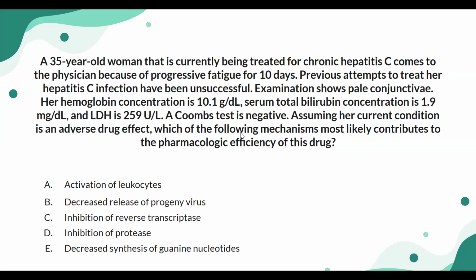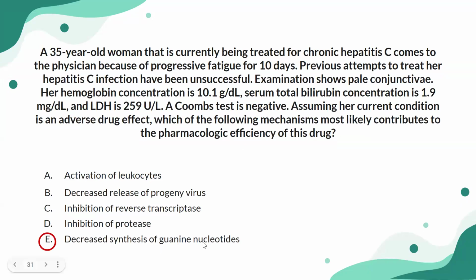Now, if you remember the tables that I showed you in the beginning of the lecture, we talked about one drug that causes hemolytic anemia, and it's very specific to it. Which one do you guys think this is? So interferons. No, it's not interferons. It's actually ribavirin, which decreases synthesis of guanine molecules.